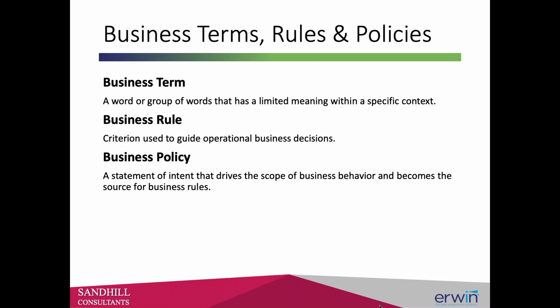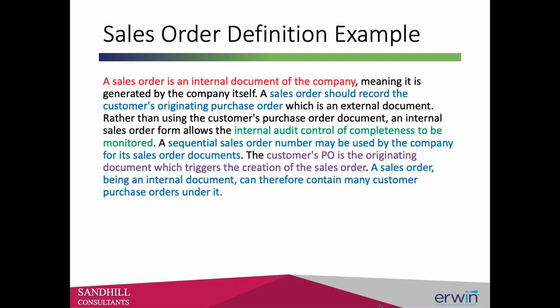Often you'll be working with text that might be submitted by a business analyst or a subject matter expert, and this is generally what you get. A sales order is an internal document of the company, meaning it's generated by the company itself. Sales order should record the customer's originating purchase, and so on. So you, as a business person, look at this and go, oh my God, what is in this thing?